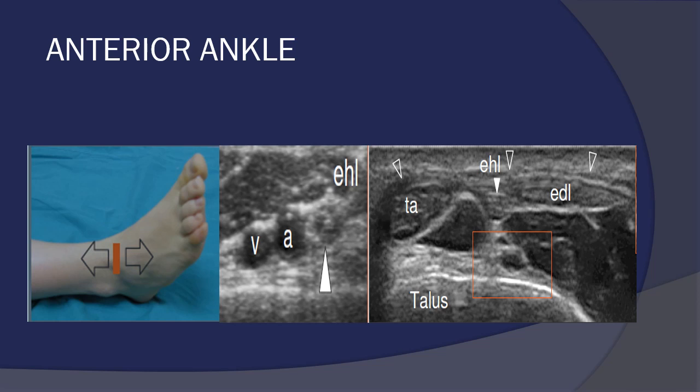Starting the examination of the anterior ankle, we start by the TS examination, where we see the three tendons. Medially is the tibialis anterior, the middle one is the extensor hallucis longus, and the lateral one is the extensor digitorum tendon.